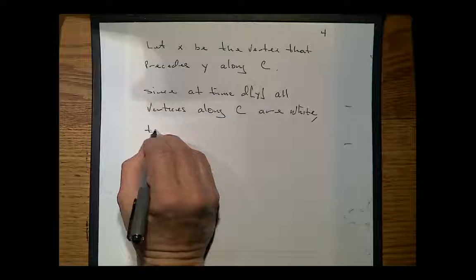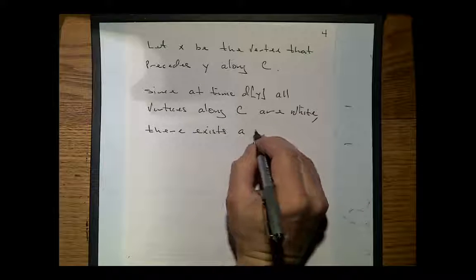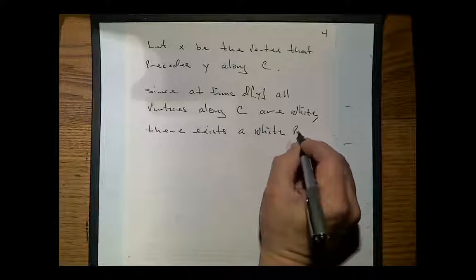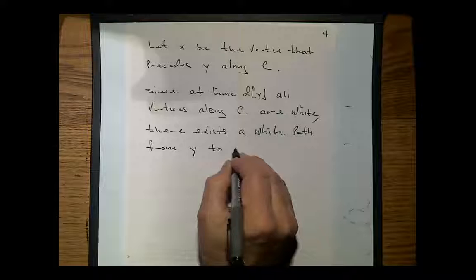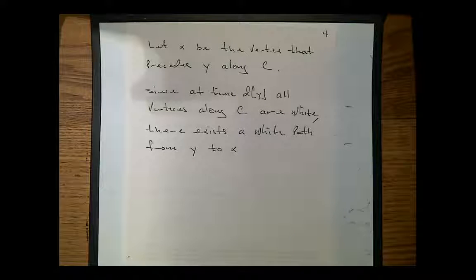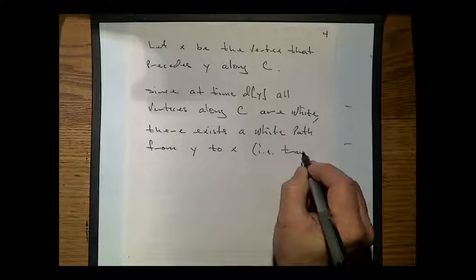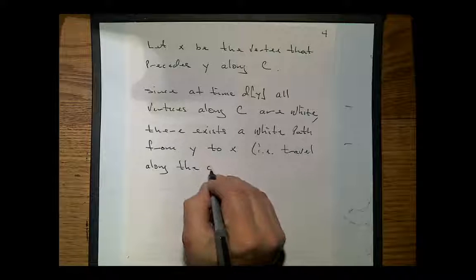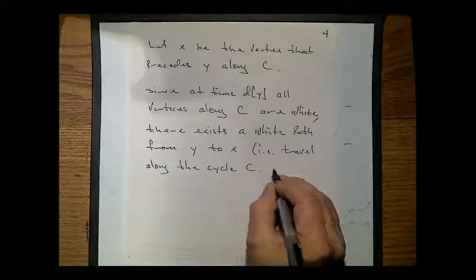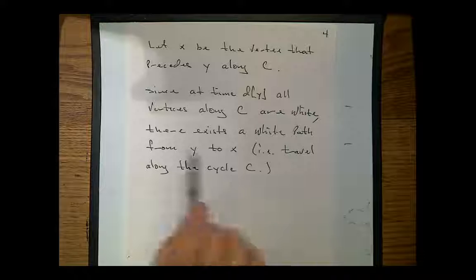There exists a white path from Y to X, namely travel along the bottom edge of the cycle, then travel along the rest of the edges of the cycle. Okay, so at the time of discovery of Y, there exists a white path from Y to X.